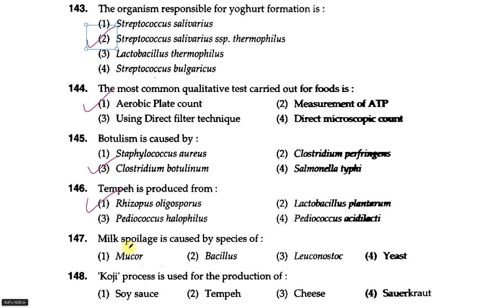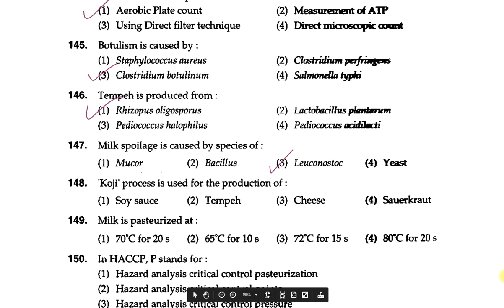147. Milk spoilage is caused by species of 1. mucor, 2. bacillus, 3. leuconostoc, 4. yeast. Here the correct one is the 3, leuconostoc. In addition to leuconostoc, enterococcus, lactobacillus and lactococcus are also responsible for the spoilage of milk. Question 148.